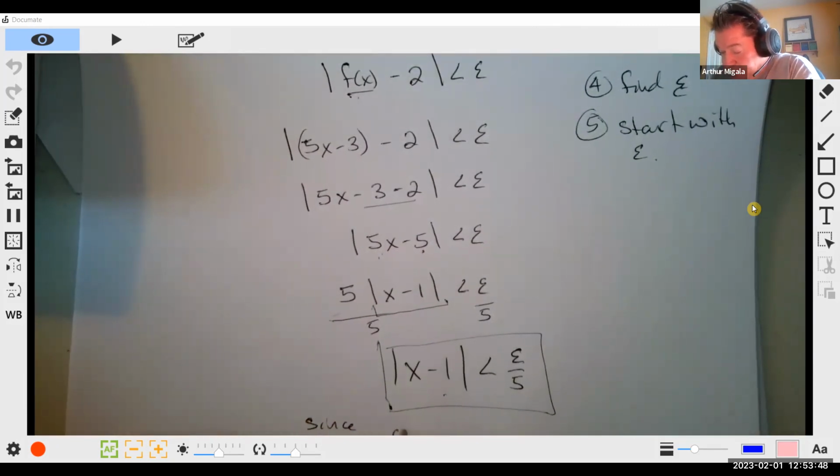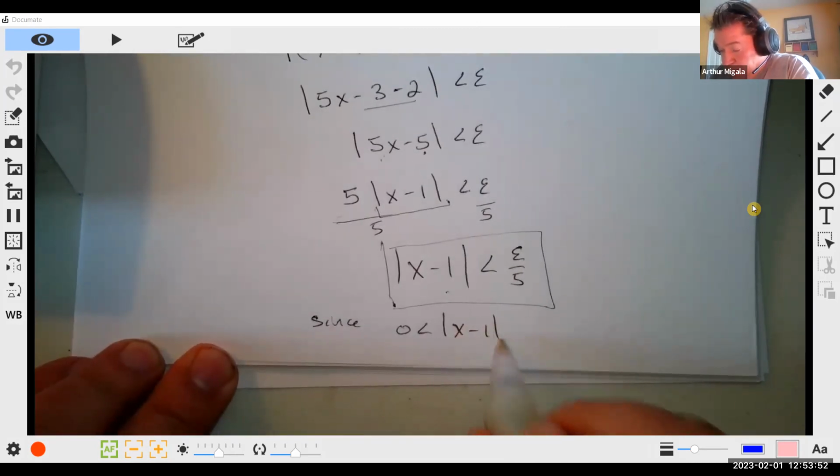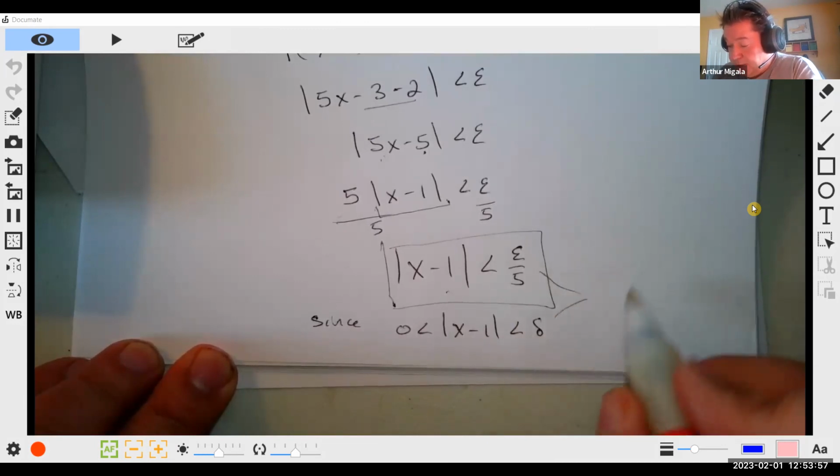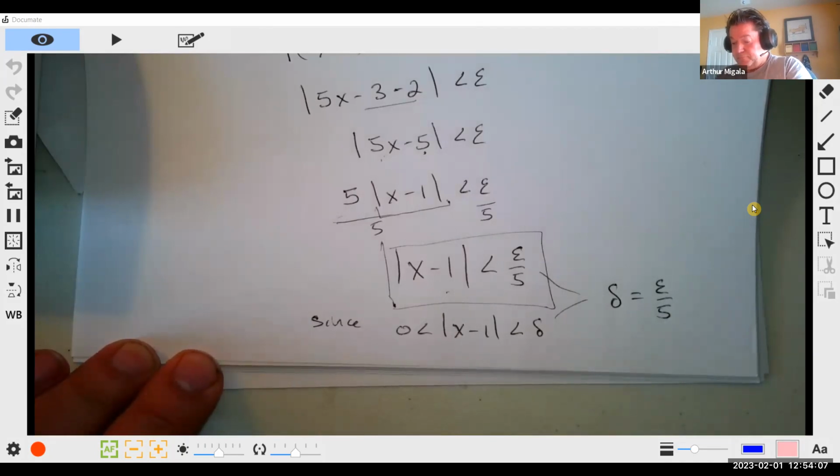So since we have 0 less than absolute value of x minus 1 less than delta, we know that delta equals epsilon over 5. All right, so far so good.